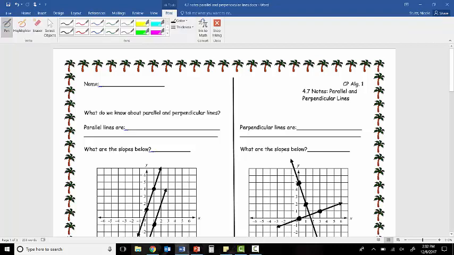Our last topic, believe it or not, is going to cover parallel and perpendicular lines, which you should have heard of when you were taking some kind of geometry at some point in your younger days. If you don't remember, parallel lines are basically lines that never touch but travel the same.